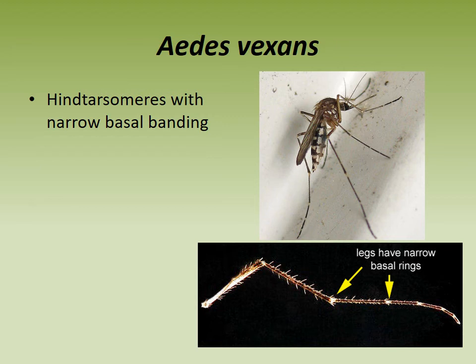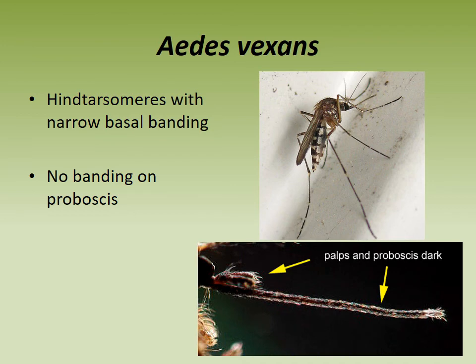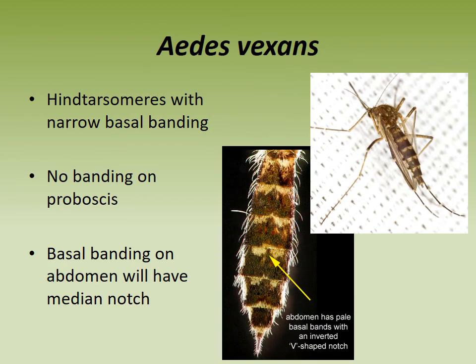Aedes vexans will have hind tarsomeres with narrow basal banding. As you can see, the narrow basal banding here on the hind tarsomeres. There is no banding on the proboscis. This is the key characteristic usually used to differentiate this species from others.